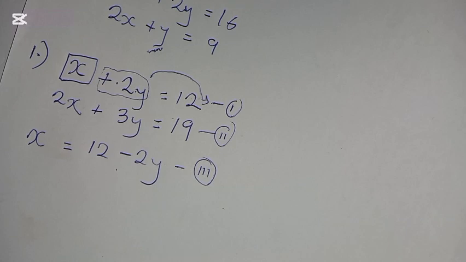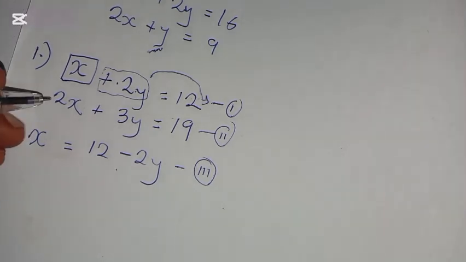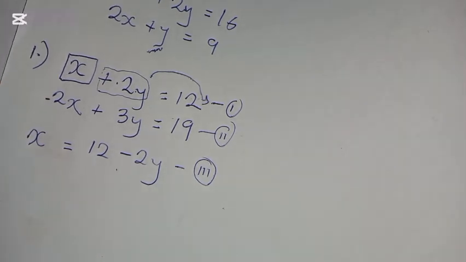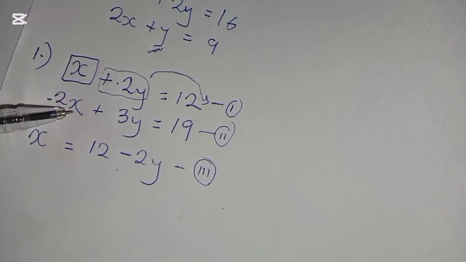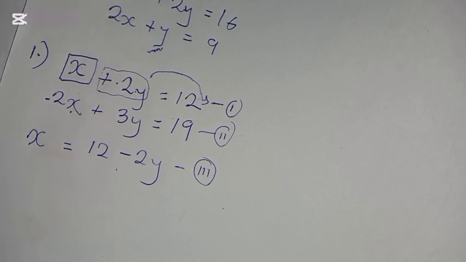So what we'll do now is we go to this second equation, and we look for where x is, and we substitute the value of x in this place. You get the point? So it's not that hard.